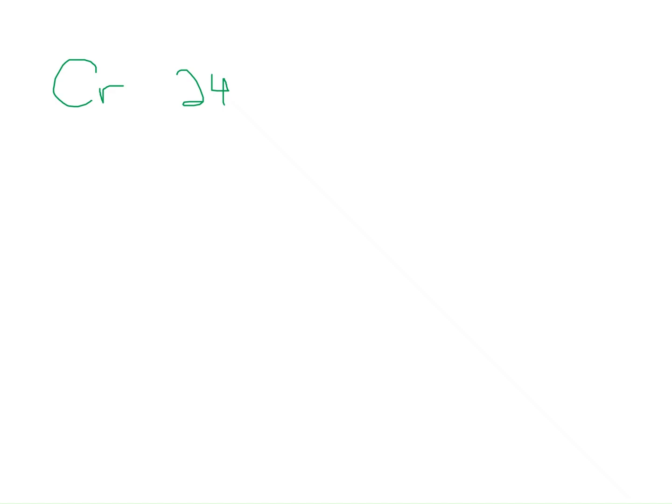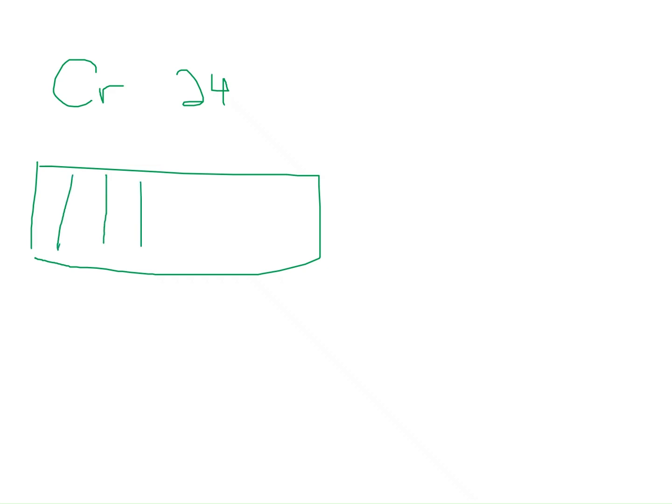When you look at the periodic table, in the d block section, chromium is located in the fourth column.